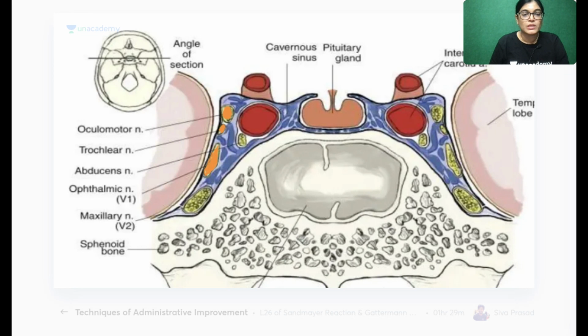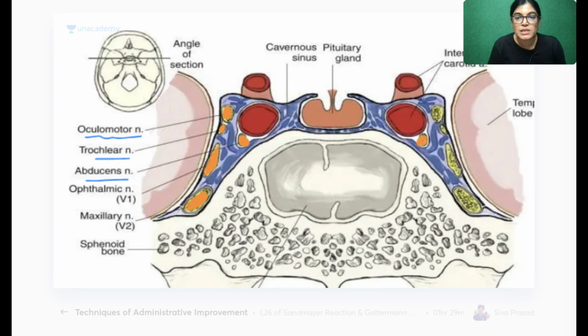Firstly, let me show you the structures residing in the lateral wall from above to down. The nerves are the oculomotor nerve, trochlear nerve, abducent nerve. Actually, abducent nerve is not lying in the lateral wall, but it is passing to and fro.